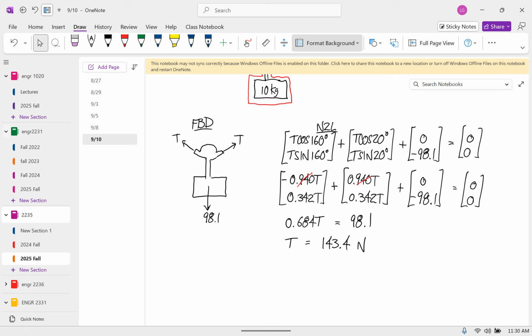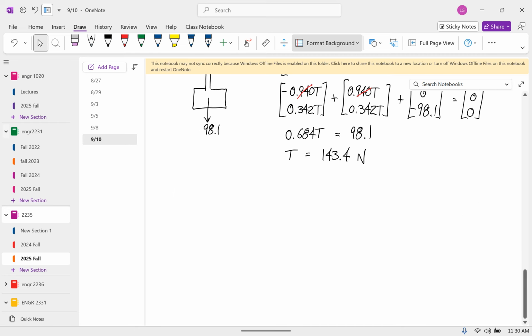Okay, so that's it for particle statics. And now we're going to get into rigid body statics, which is the big topic in this class.